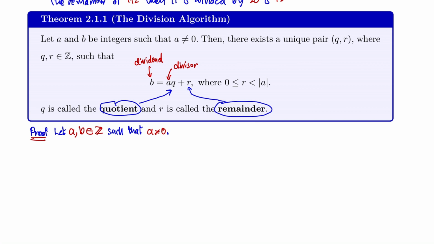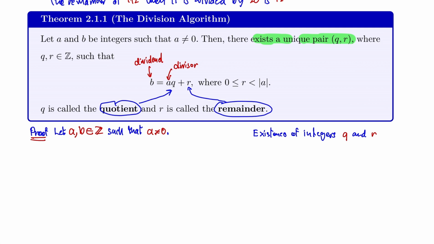So what can we do? Since there exists a unique pair, there will be two parts. The proof of this theorem will have two parts. The first part is to show existence of integers q and r.